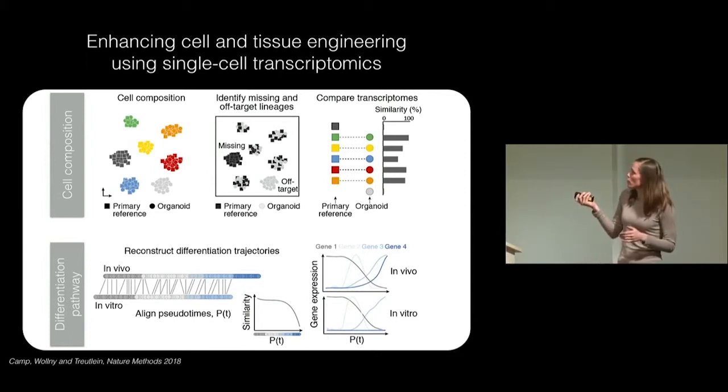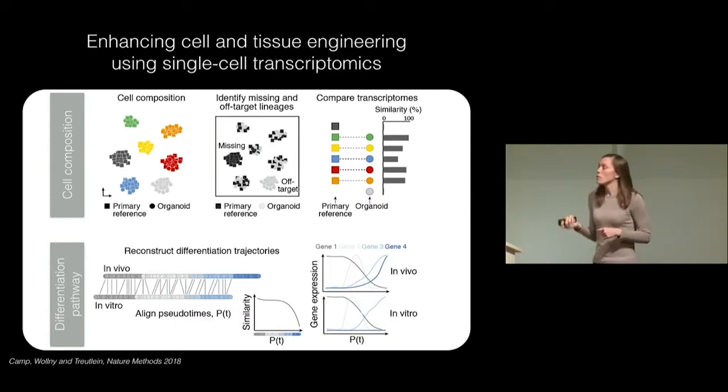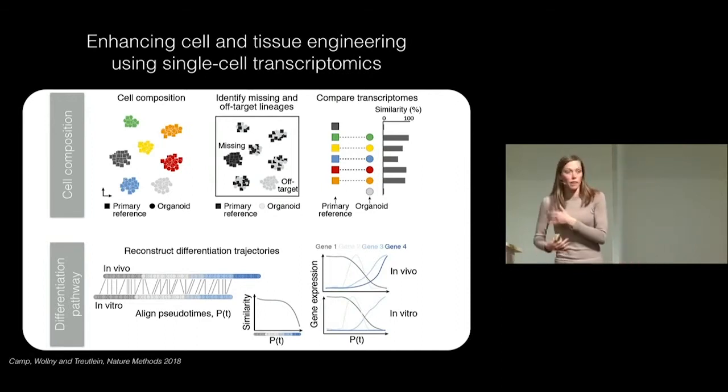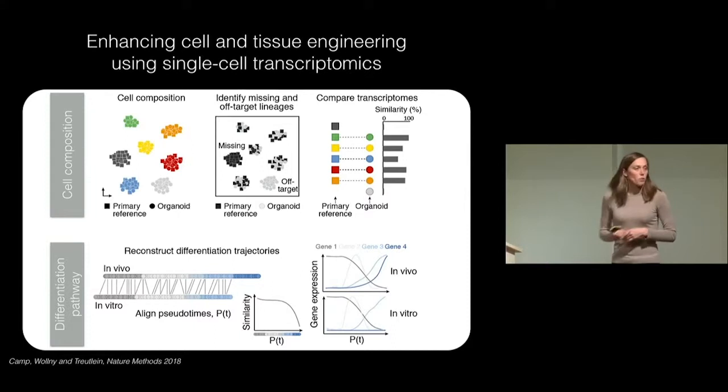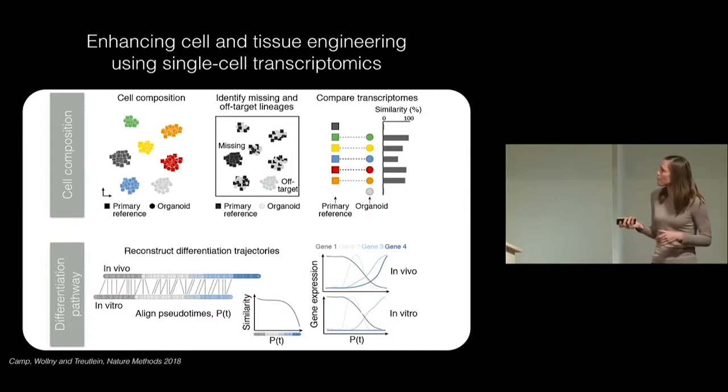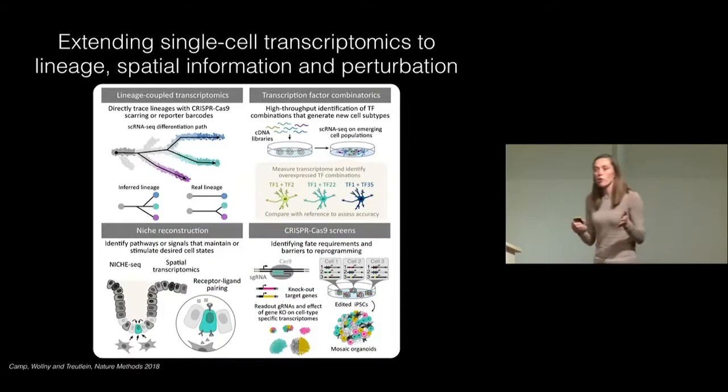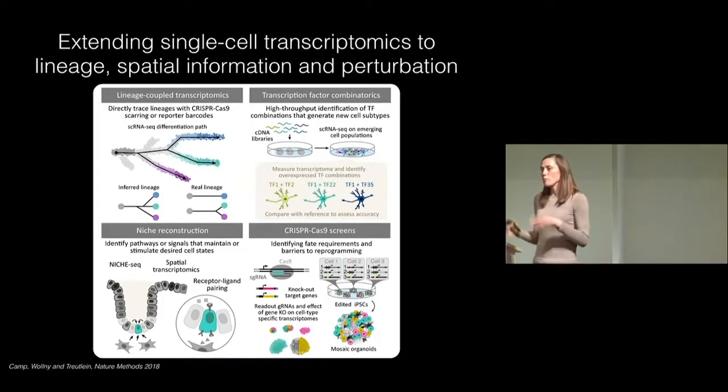In this case, for example, in a pseudotemporal expression profile of certain genes, we might find out that in the in vitro tissue, gene 4 doesn't come up at later time points as it does in vivo, and this might show us how our in vitro system doesn't mature as we would expect from in vivo.